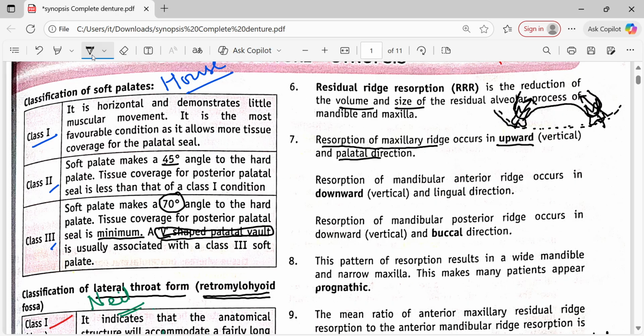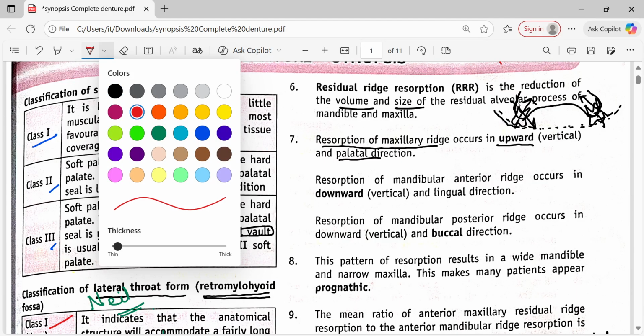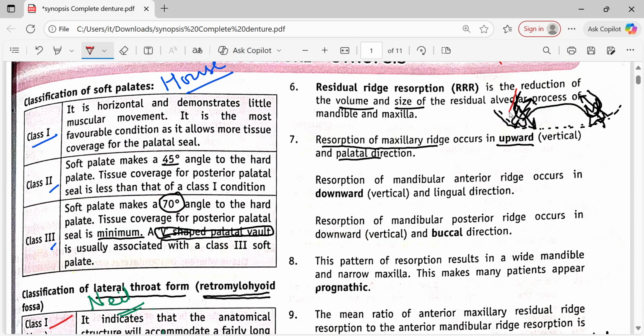If you want to know why this is the shape of your molars, why our molars are not in this way but this way, it is because you have a muscle, the masseter. Your masseter muscle is directed palatally and upward, and because of that you need to have a parallel force.